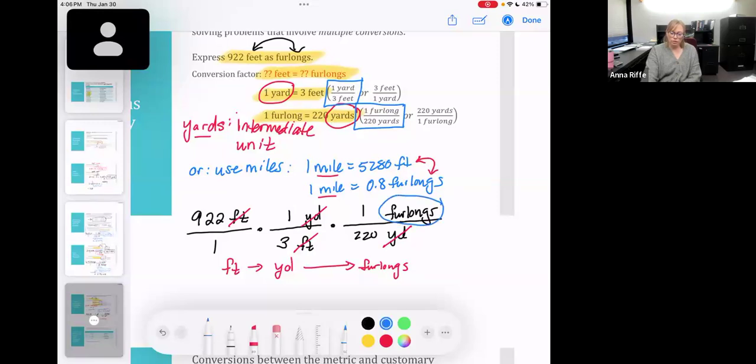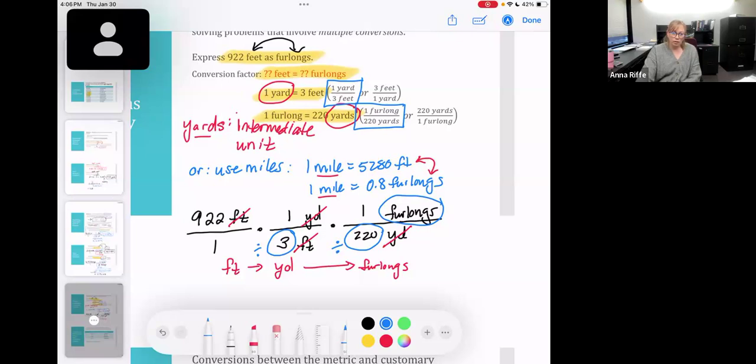The only thing left to do is to determine, do I multiply or do I divide by those two numbers? We have to make a different decision for each because it won't always be the same for more than one unity fraction. The 3 I'm going to divide by because it's in the denominator. The 220 also happens to be in the denominator, so I'm going to divide by the 220.